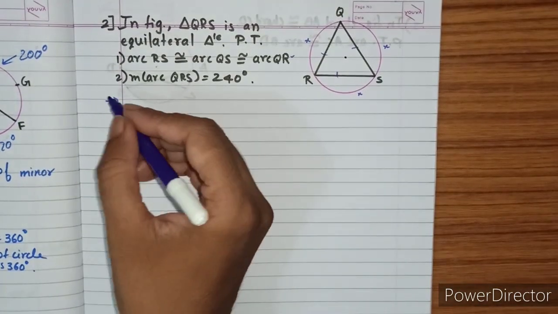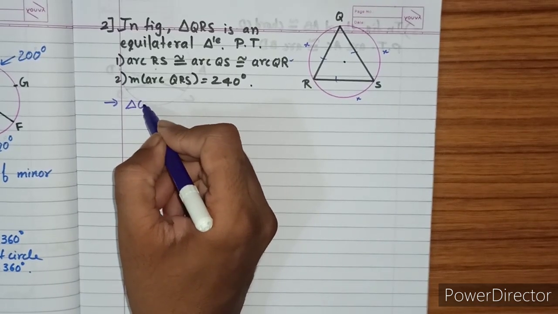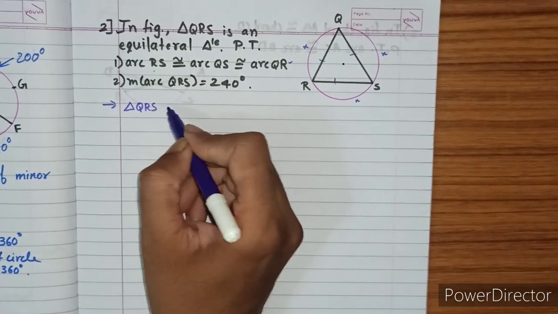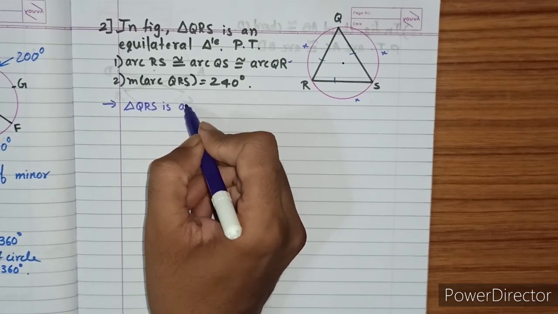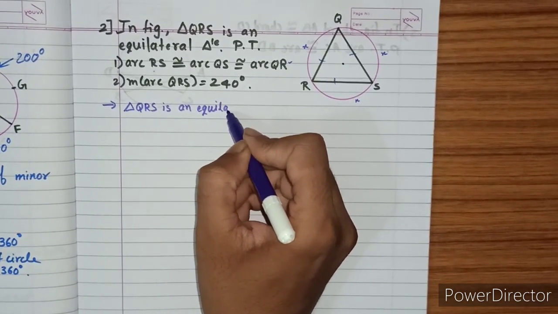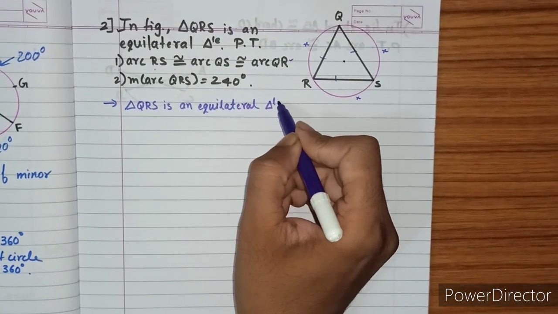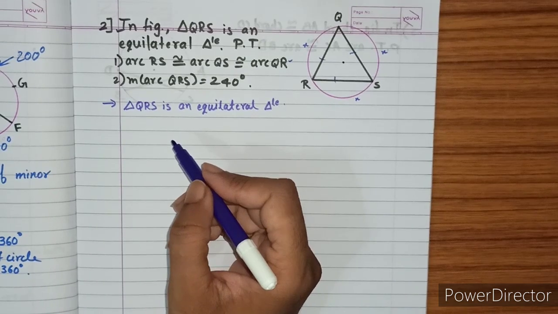Okay. So, how to write it down? So, first thing is given to us that triangle QRS is an equilateral triangle. This is given to us. Okay.